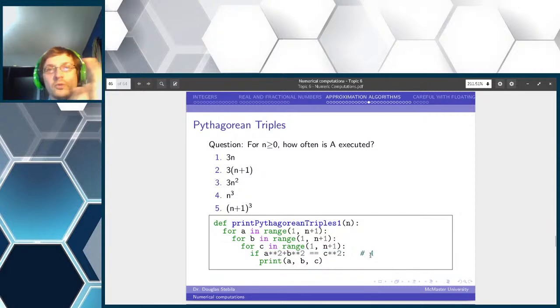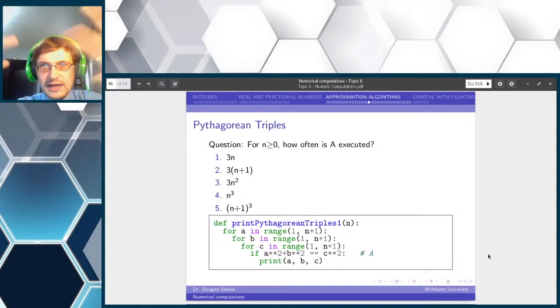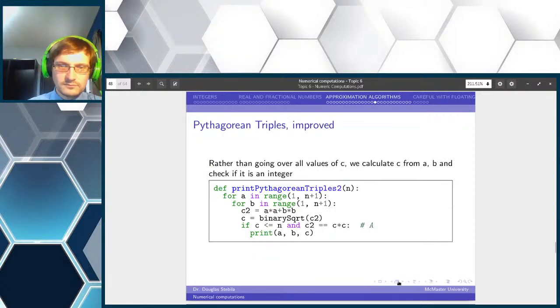But we know that there is a well-founded mathematical relation that tells us what c has to be for a particular a and b, assuming that the triangle is right-angled. So we can use that.